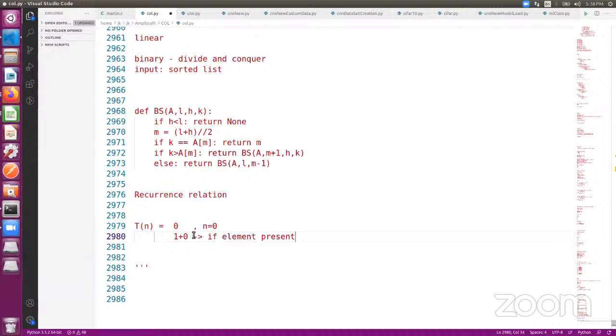If the element is not present, what happens? Either it will go to the left-hand side satisfying this condition, or it will go to the right-hand side by coming to the else part.